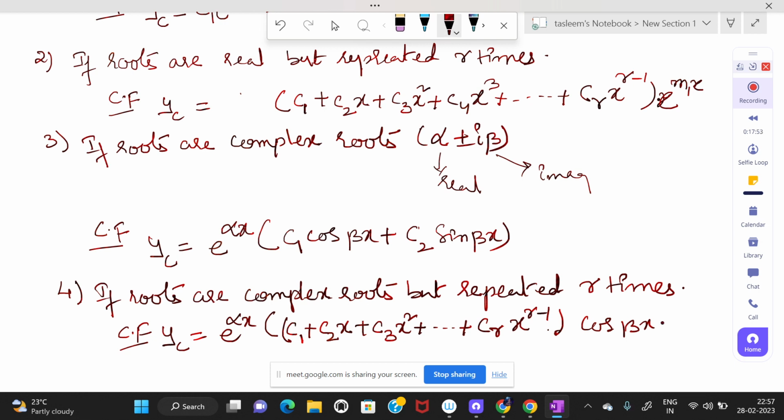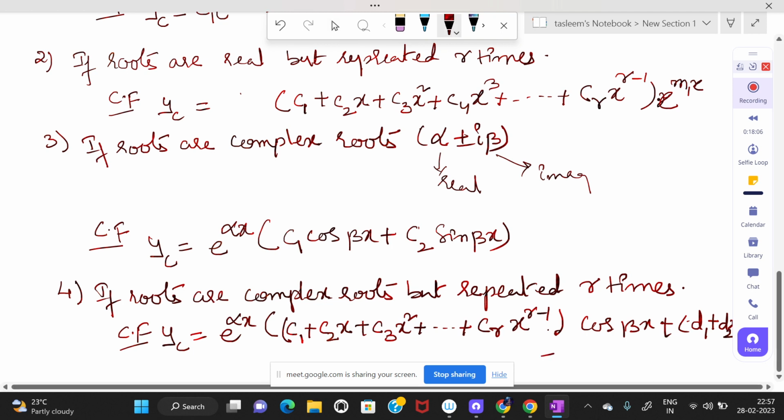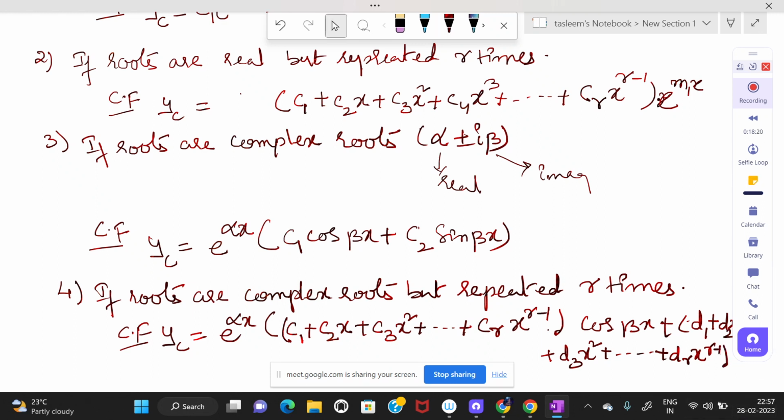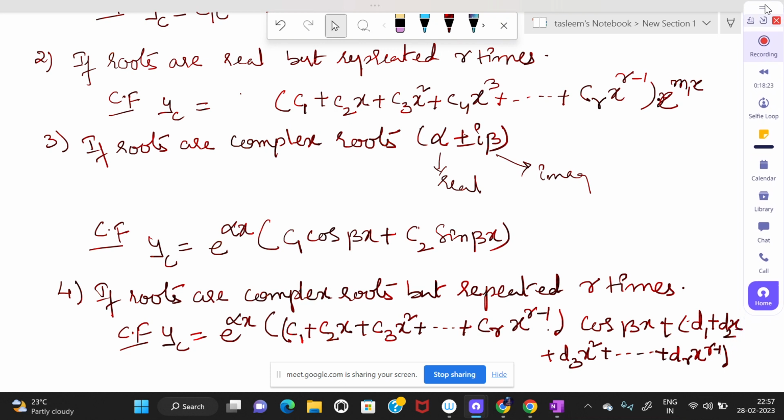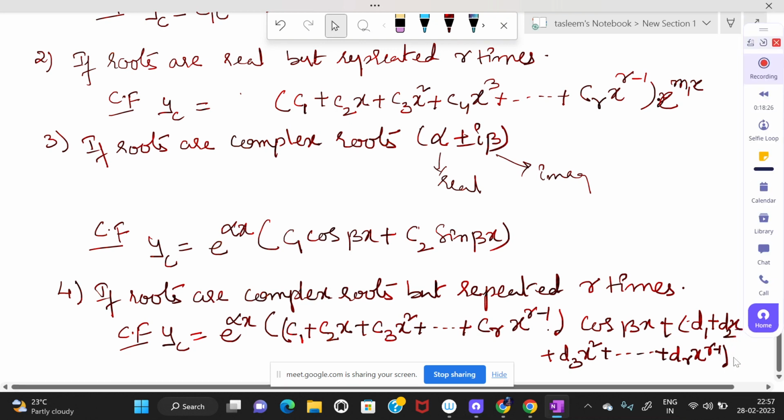Plus, next will be d1 plus d2x plus d3x square, and so on, dr x to the power of r minus 1, into sin beta x.